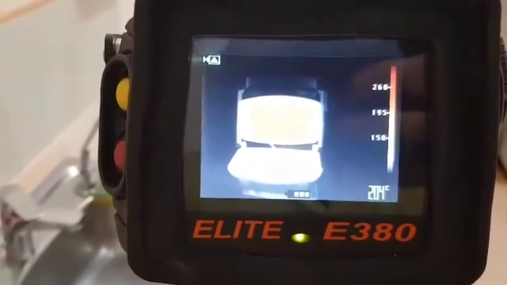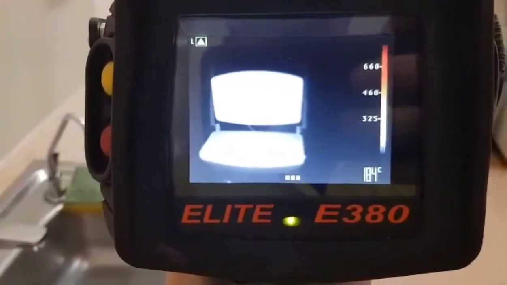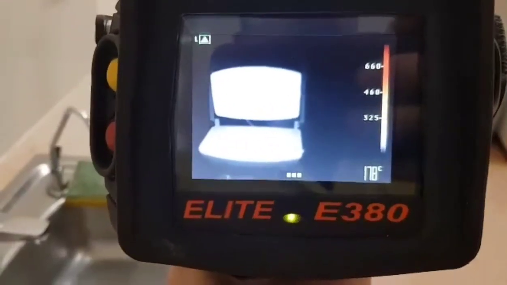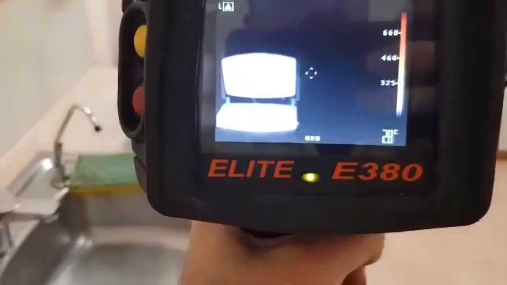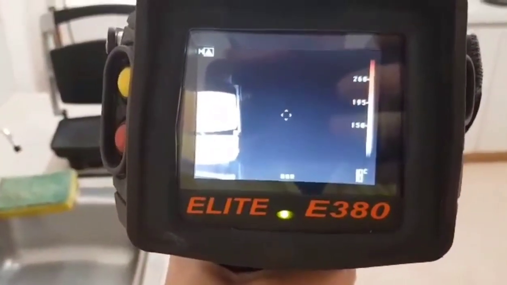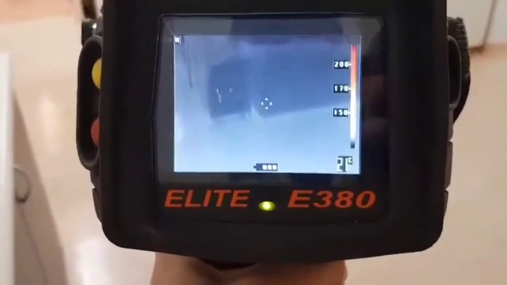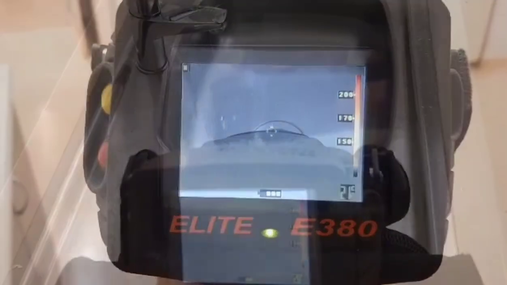As we move into more hotter objects being in the field of vision, we'll see the camera move into low sensitivity mode, and then on the right hand side the temperatures will change. Moving back into medium sensitivity mode, we'll see those temperatures change back again, and then back into high sensitivity mode, those temperatures have changed back once again.